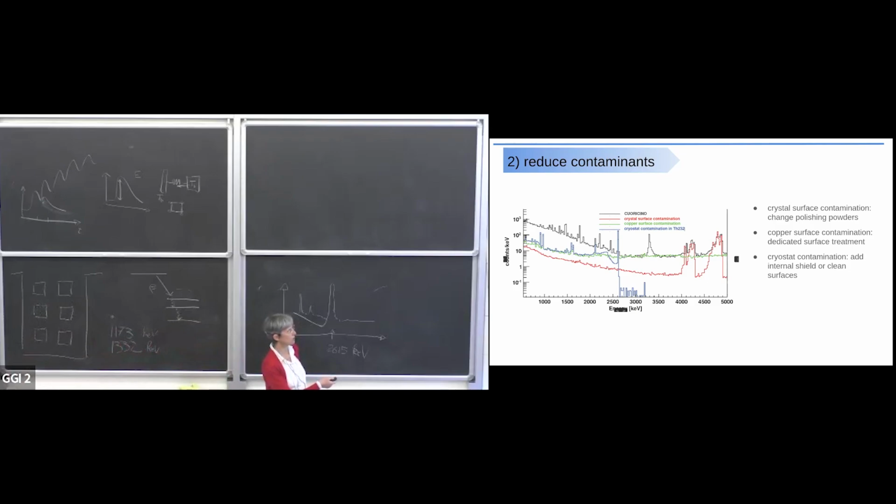The second one is the cryostat contamination, and the third one is crystal surface contamination. So these events in the flat region are due to this process.